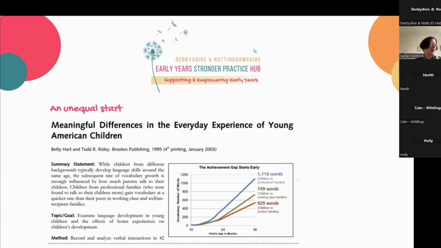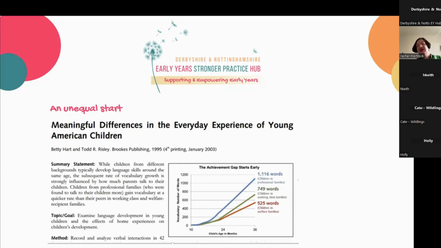So we know that children from disadvantaged backgrounds are statistically likely, it doesn't mean they all are, to be more impacted by less exposure to vocabulary and less exposure to ambitious vocabulary.